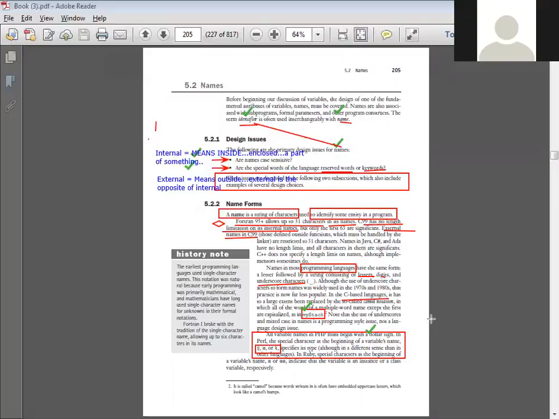In Ruby, which is also a language, special characters at the beginning of a variable name indicate that the variable is an instance or a class variable, respectively.